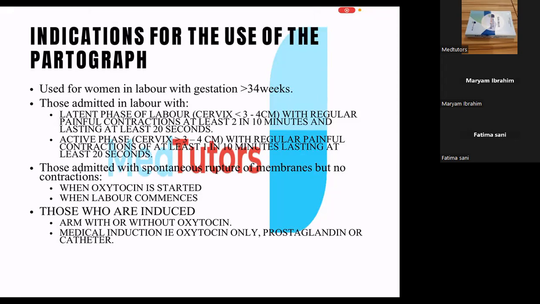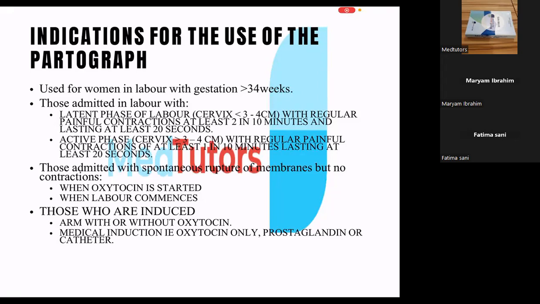You can only open Partograph for these women when you start oxytocin, you want to augment the labor, or when the labor commences. But when she just comes to you and tells you that my membranes have ruptured and she's not having any contractions, she's not having any signs of labor, you don't rush to open Partograph for her. You only open the Partograph when you've given oxytocin to this woman to augment, to induce the labor, or when the labor commences.